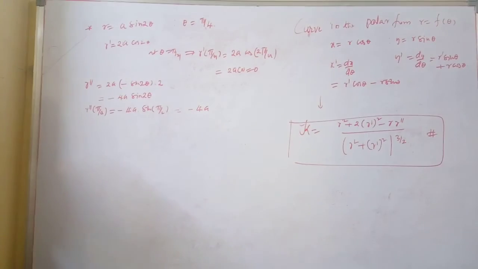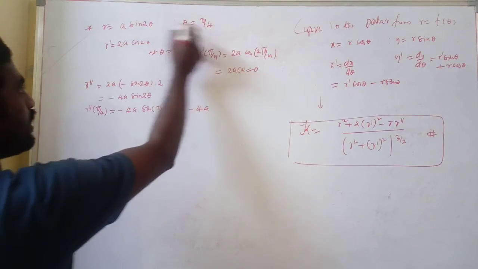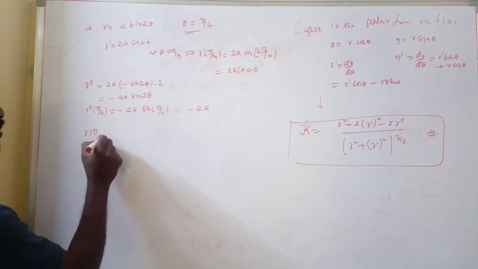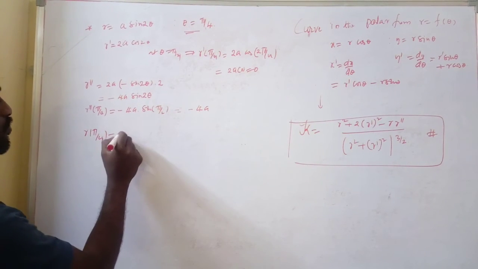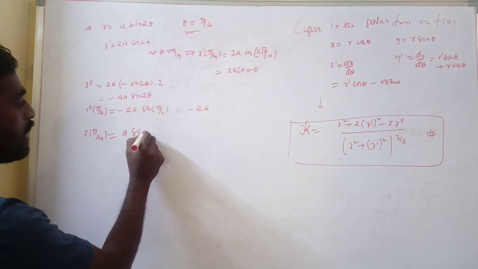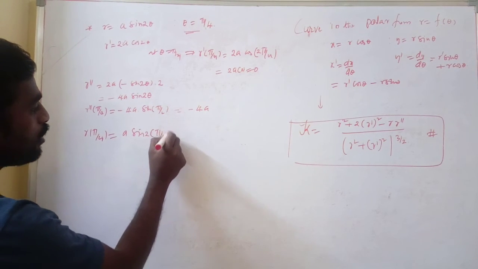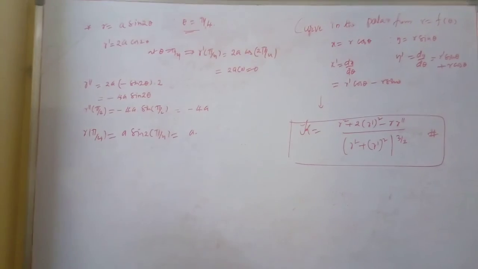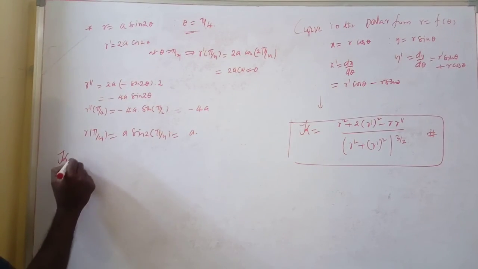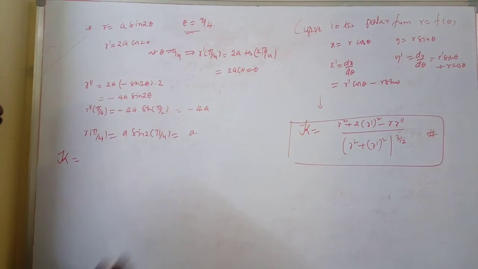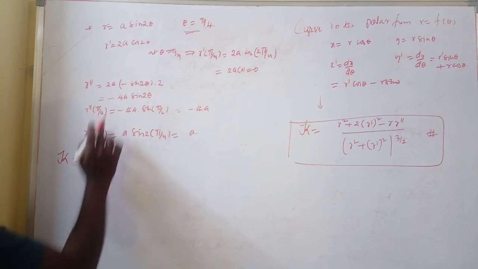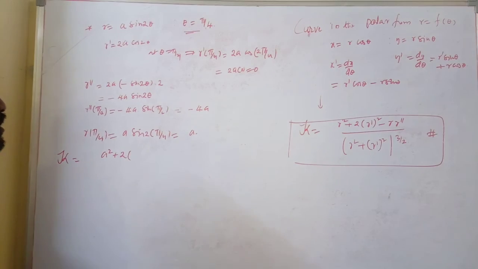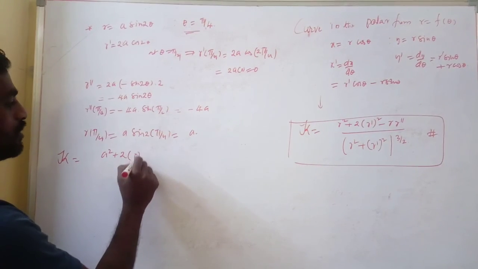Substitute these values in the given formula. First of all, we require the r value at pi by 4. r of pi by 4 is equal to a into sin 2 pi by 4, which is sin pi by 2, so a into 1, that is a. Now substitute: curvature k is equal to r square, that is a square, plus 2 into r dash, whose value is 0, square.